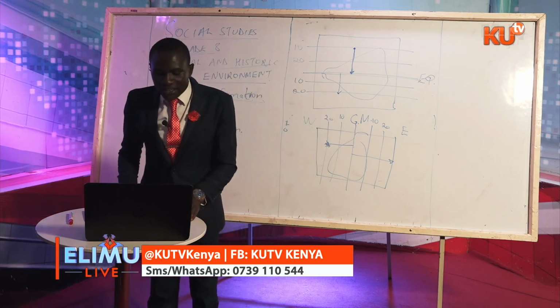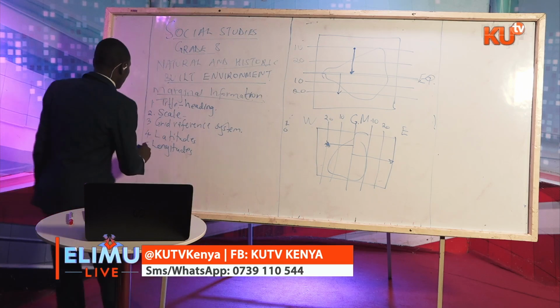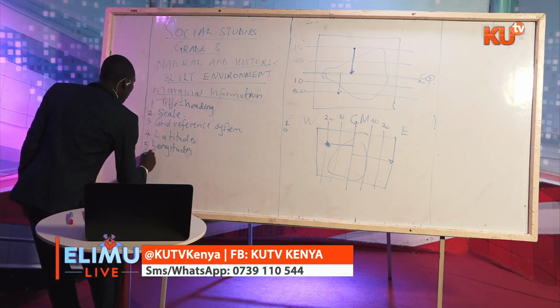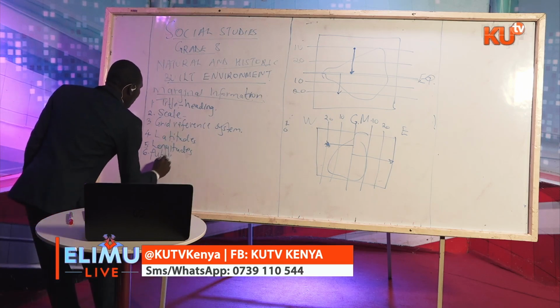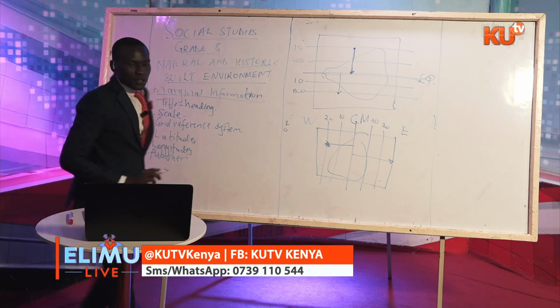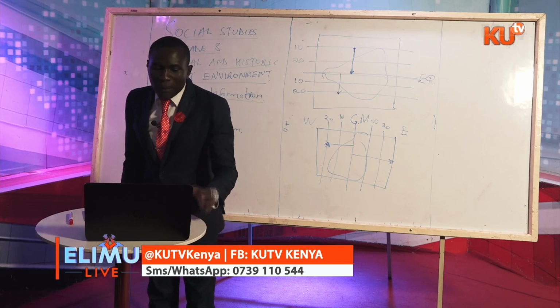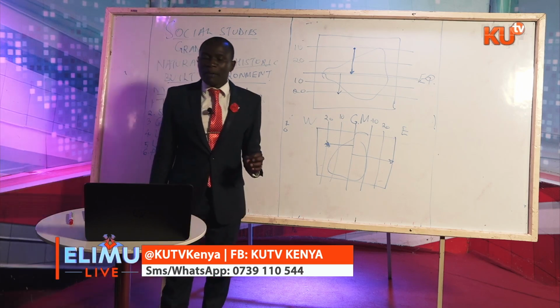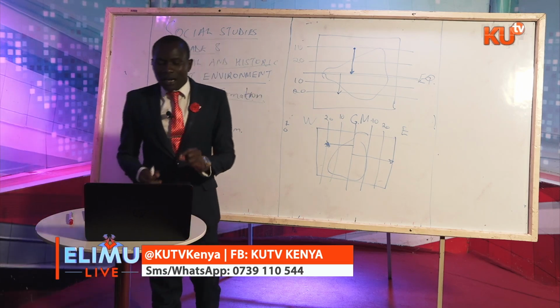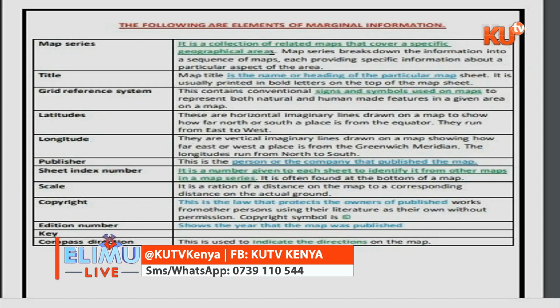Another piece of marginal information is called the publisher. I know we are going to have the display on the screen. The publisher refers to the person who has published the map. Our director is putting on the screen the map of Taita Hills, the one that you have just looked at.